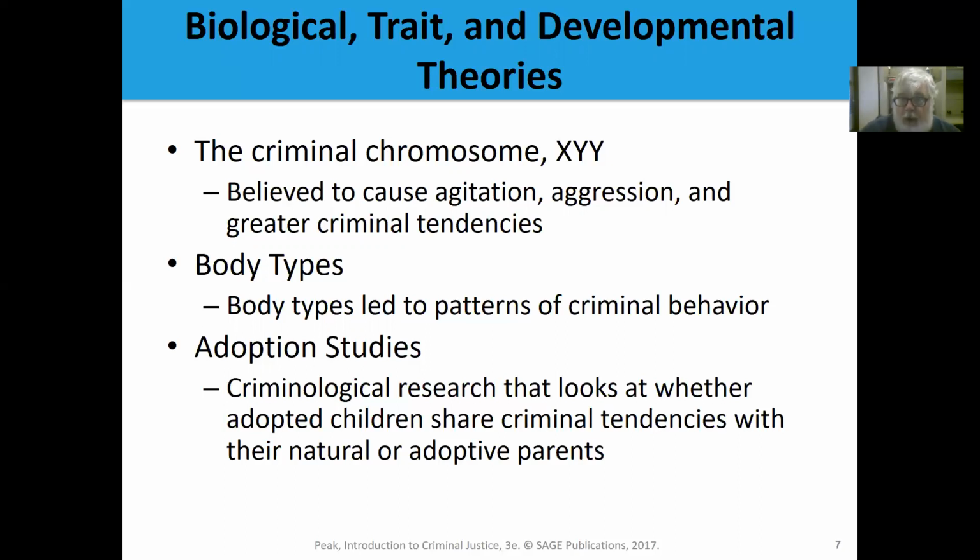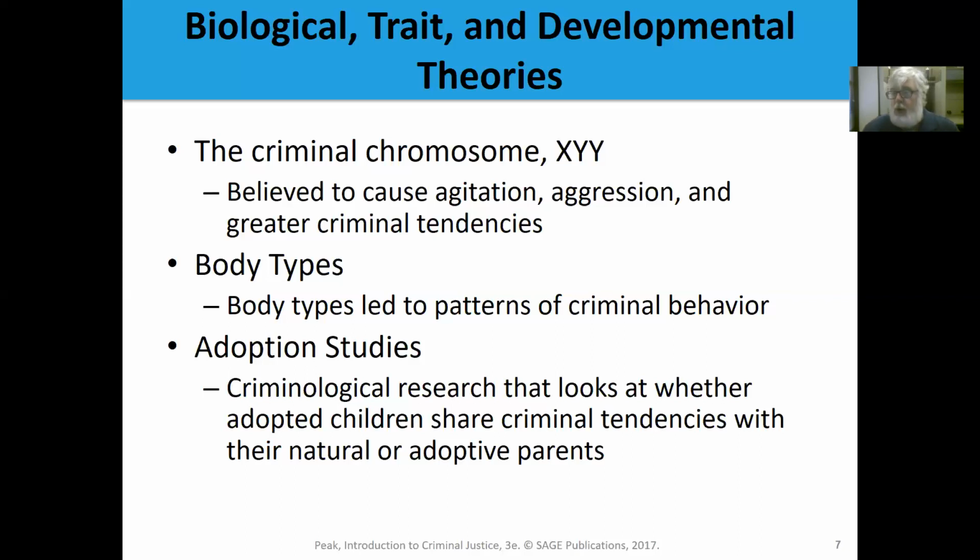They also did what we call adoption studies, where they would look to see whether the adopted children, if they committed criminal acts, did their biological parents commit the same type of acts? Did their adoptive parents commit these acts? And the idea there was to try to see whether there was a biological component.